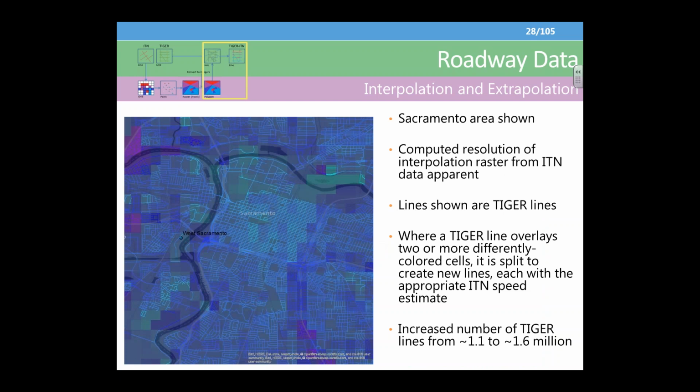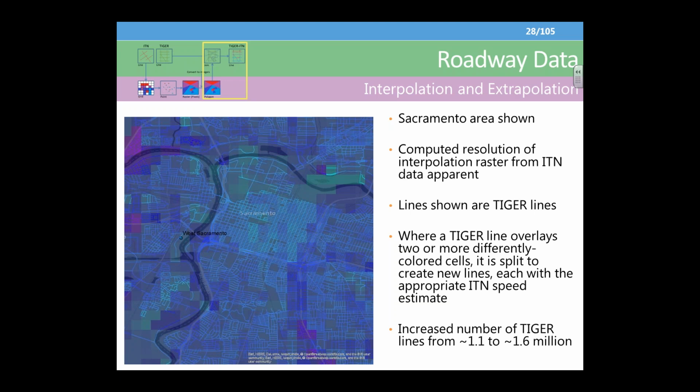So this is a view of Sacramento region. And what I essentially really want to focus on is you can kind of see the resolution of that, the effect of that quarter-mile interpolation, where we cut the ITN data and averaged it up into these quarter-mile cells, and then how that will affect in the relative size compared to city streets or typical city streets in the actual interpolation.